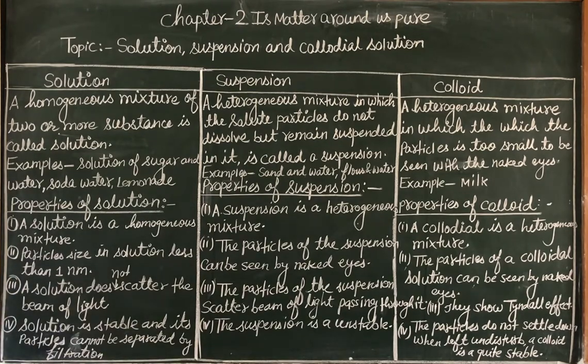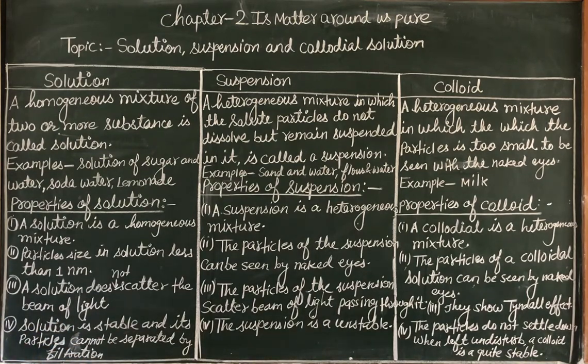The last point is, a solution is stable. If you leave the solution undisturbed for some time, the particles of solute do not settle down, they are not suspended in it. The particles are stable. जो solute के जो particle हैं वो solvent के अंदर नीचे नहीं बैठेंगे, कोई suspension नहीं होगा, इसलिए ये stable होगा.